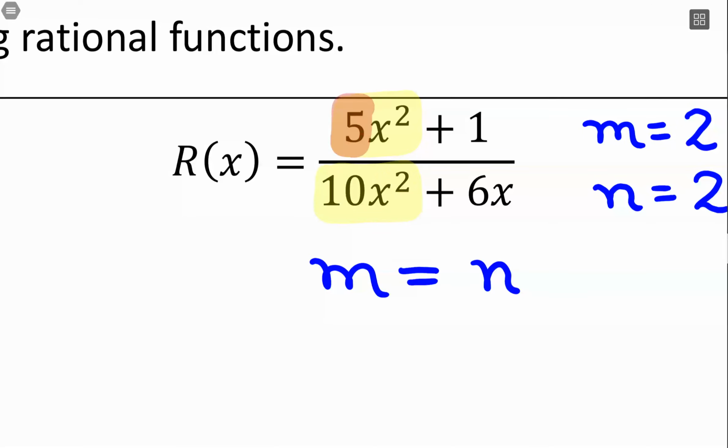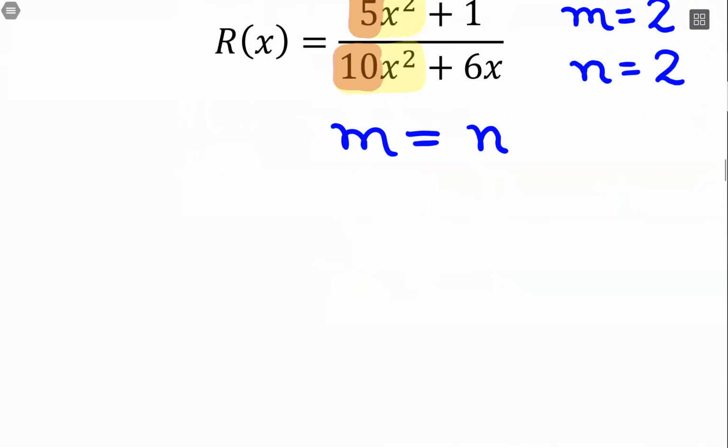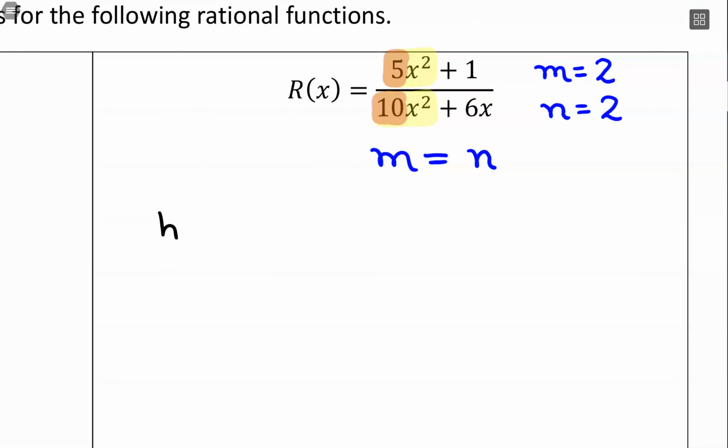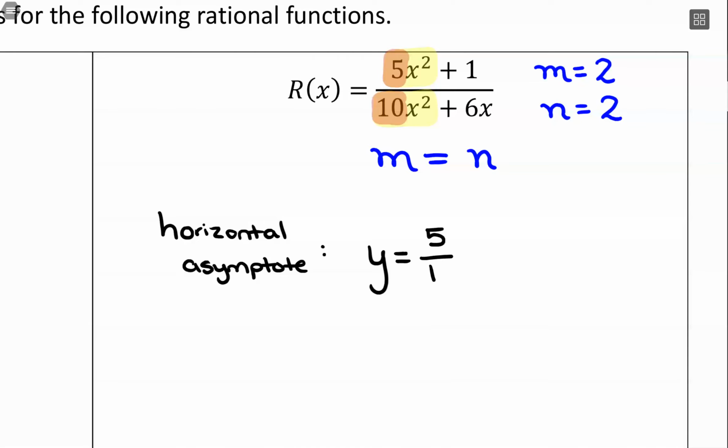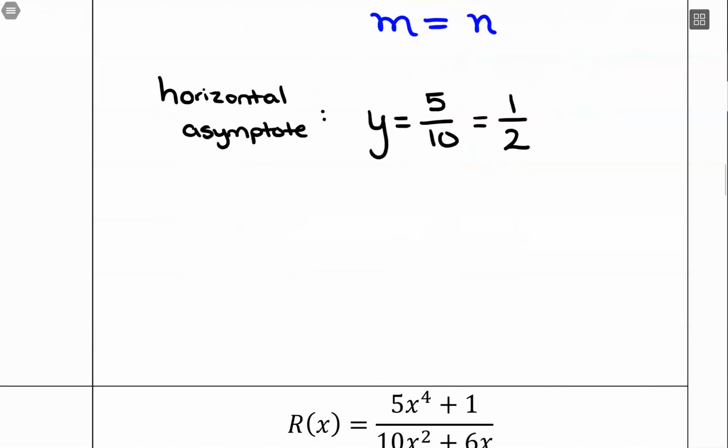We have our numerator leading coefficient of 5, denominator leading coefficient of 10. So for finding our horizontal asymptote, what we'll have here is y equals 5 divided by 10, which, if we reduce that down, is 1/2. So we're going to have this horizontal line at positive 1/2.